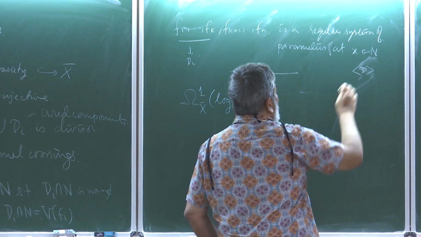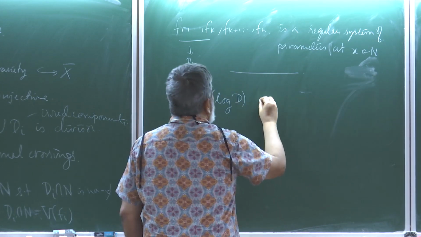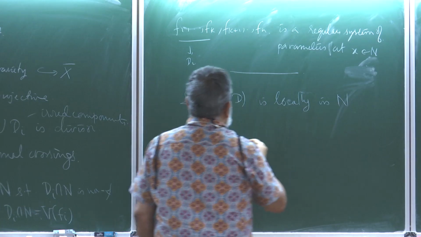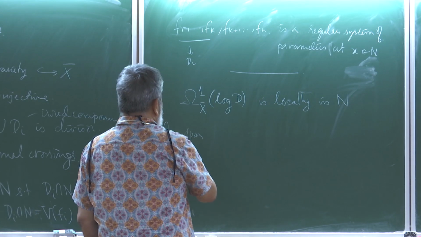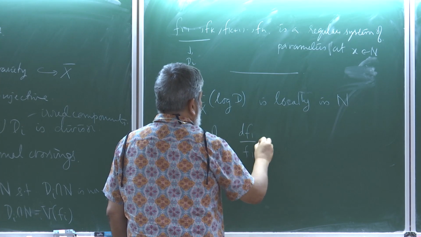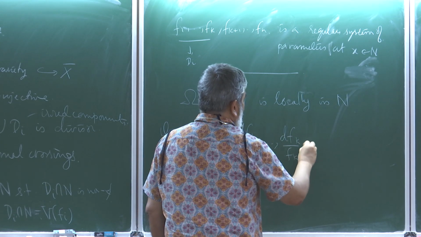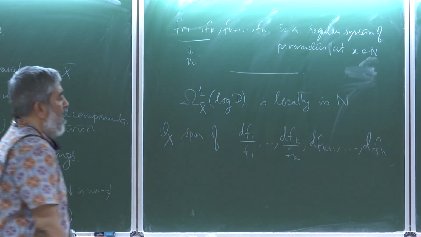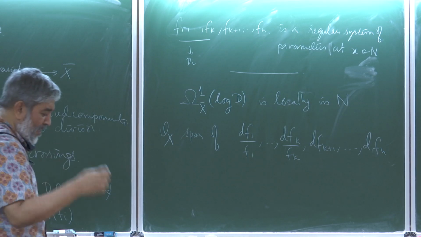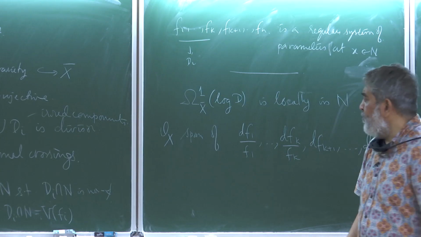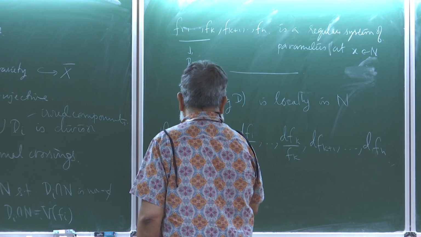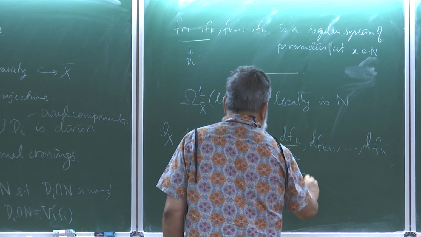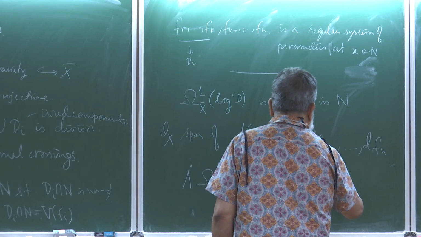So Omega^1 of X bar log is locally, again in N, the span over O_X of df_1 by f_1, ..., df_k by f_k, df_{k+1}, ..., df_n. Because the definition was given in a global fashion, it's a globally defined sheaf which is locally free of rank n, and then you can take its exterior algebra. This is defined to be Omega dot bar.